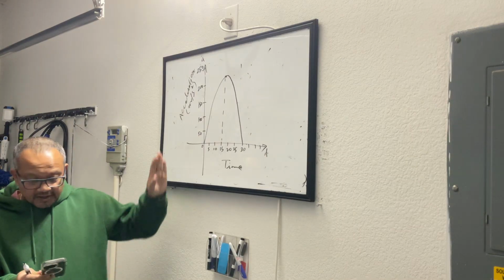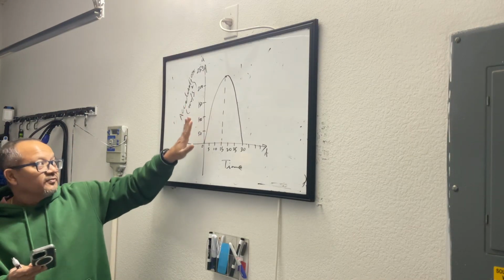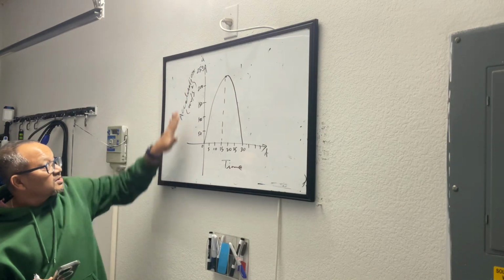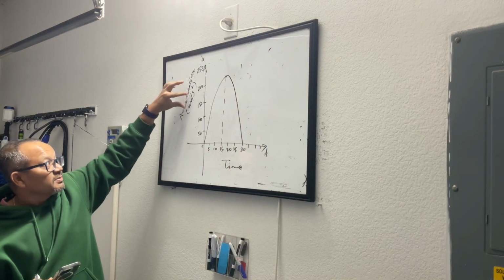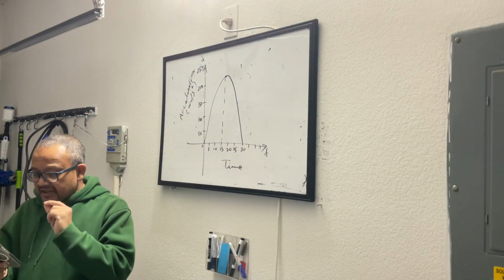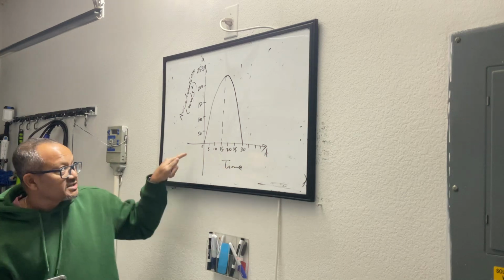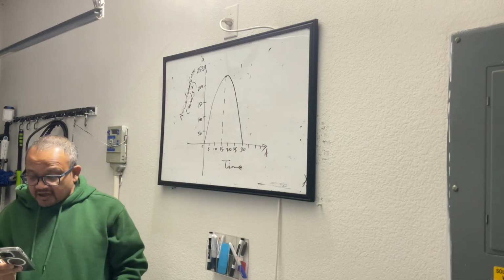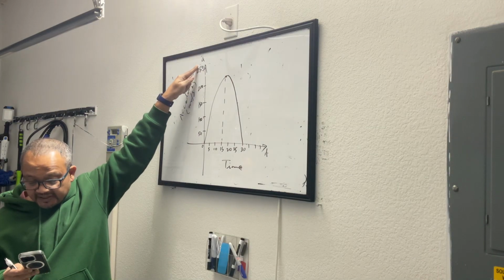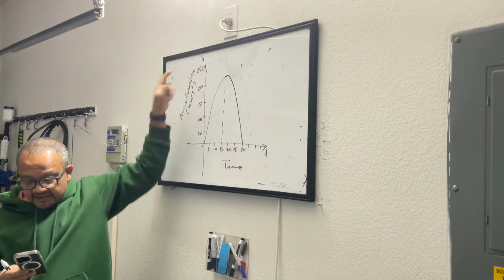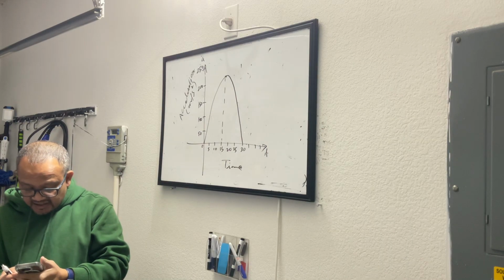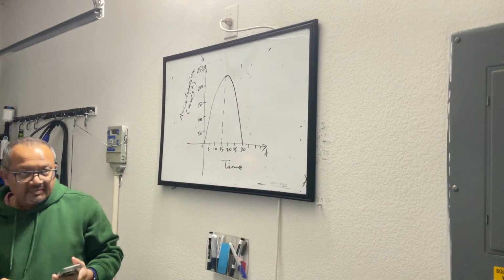Alright? So, this is the graph that we have. We are looking at one of the first questions that we want to solve. Here on the y-axis we have acceleration in meters per second squared, and on this axis we have time. The question says the graph in the T and A plane shows the horizontal acceleration A in meters per second squared of an elastic ball thrown against a wall, T milliseconds after it impacts the wall.